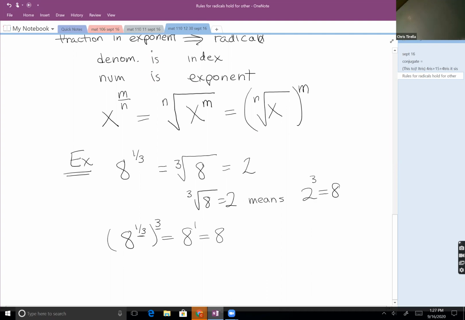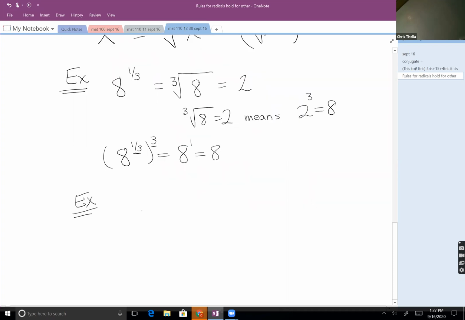Let's look at another example. What if I have 81 to the 3/4 power? First of all, because we have a fraction in the exponent, is everybody comfortable with drawing a radical? The denominator is 4, so I'm going to take the 4th root of 81.